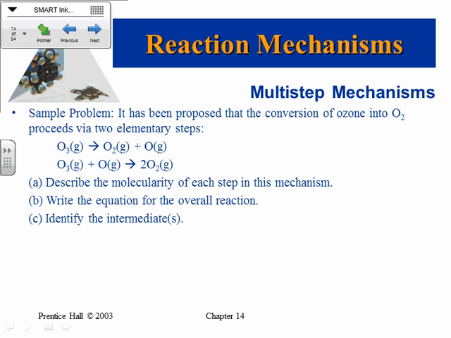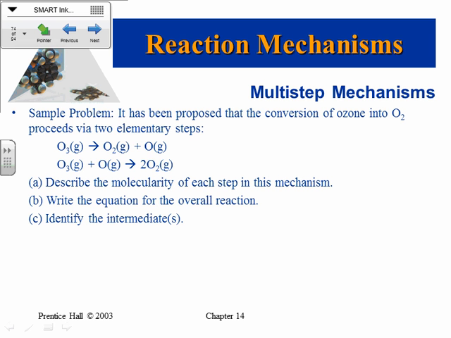All right, so sample problem here. It's been proposed the conversion of ozone into O2 proceeds via two elementary steps. So remember what I said before. It's unlikely that you have O plus O plus O giving O3 because that's termolecular. So probably a more reasonable mechanism would be this one right here. Okay? So in the first step of this mechanism, actually this is the opposite of that.